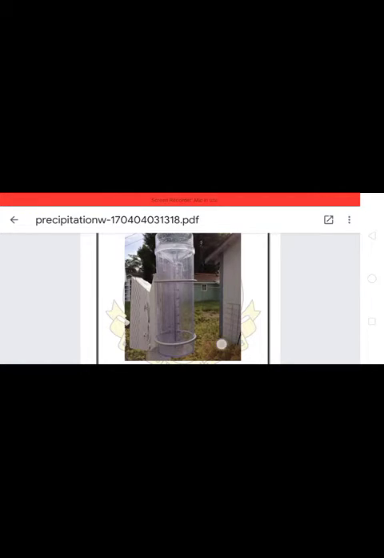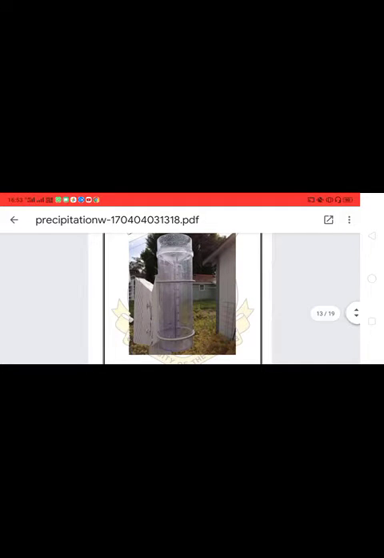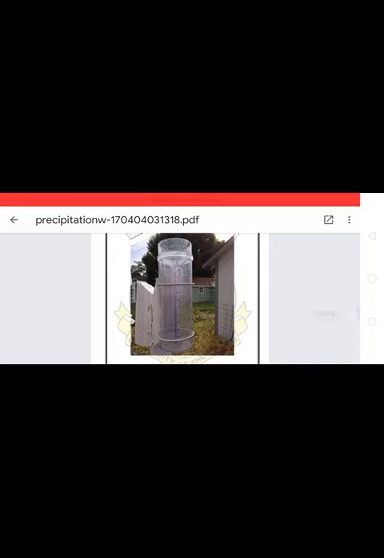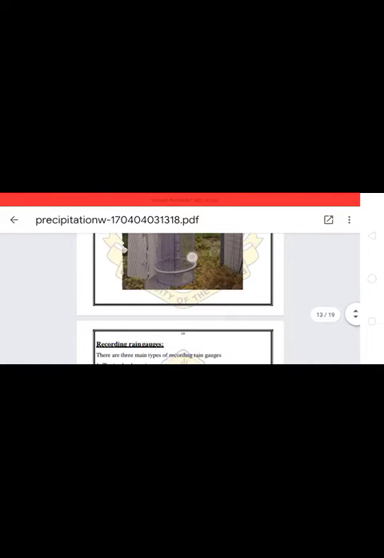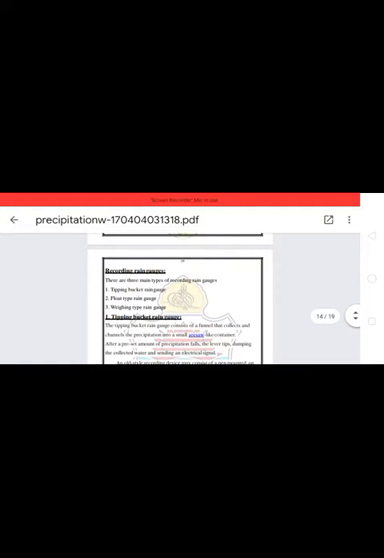This depth gives you the accurate amount of rainfall that occurs after 24 hours. So that is it.